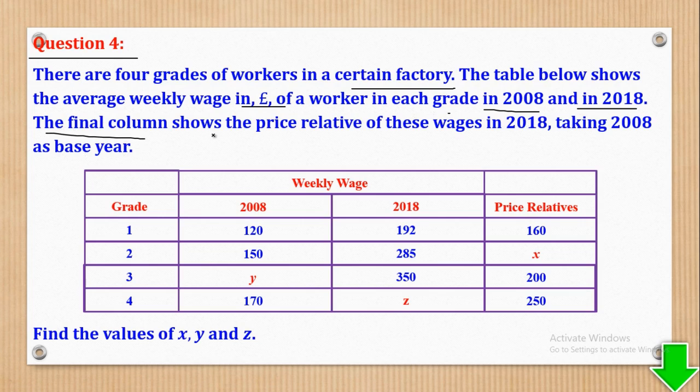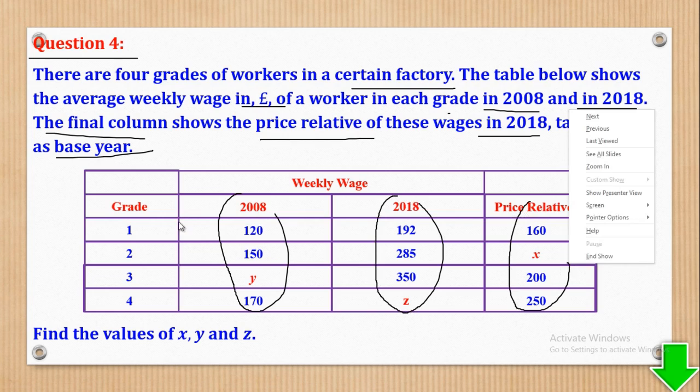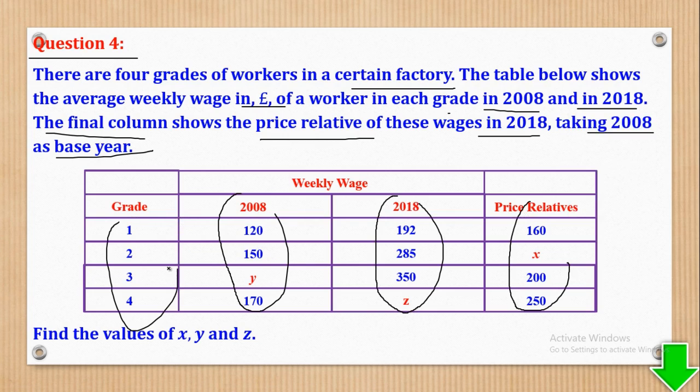The final column shows the price relative of these wages in 2018, taking 2008 as the base year. So these are the wages in 2008, wages in 2018, and price relatives of the corresponding grades. Then they said find X, Y, and Z.